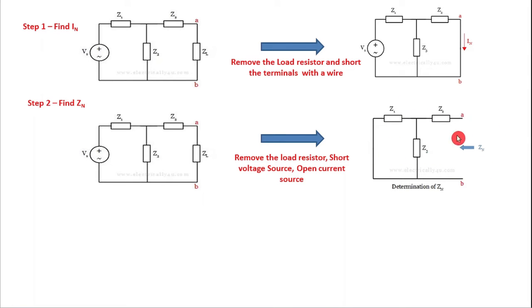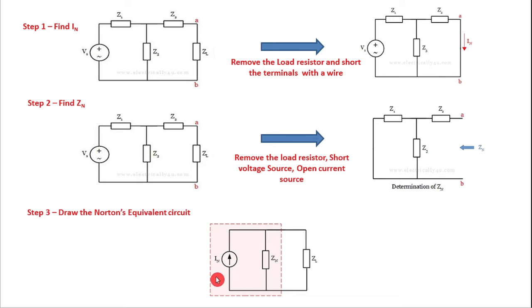So in this circuit you have to find out the value of the Norton's impedance or Norton's resistance across the points A and B. Once the value of current and the value of the impedance are known, the next step is to draw the Norton's equivalent circuit. So the Norton's equivalent circuit is drawn only with the help of In and Zn like this.